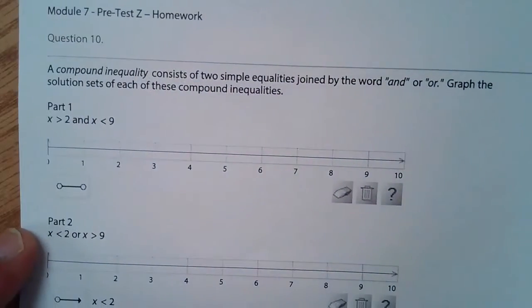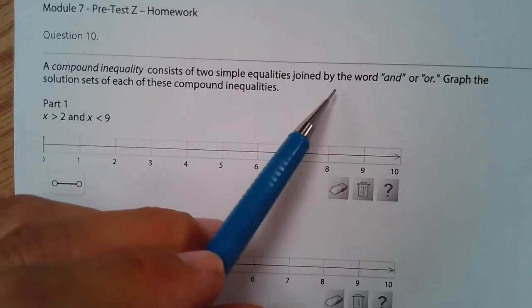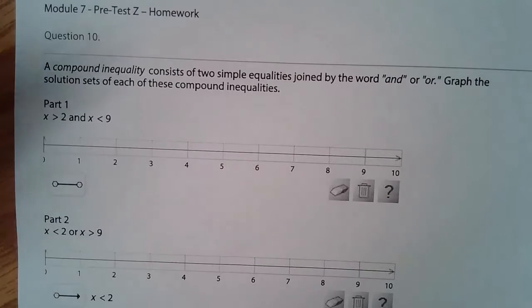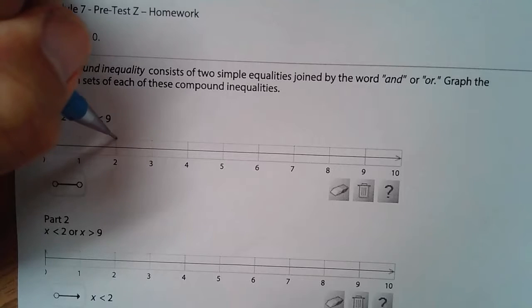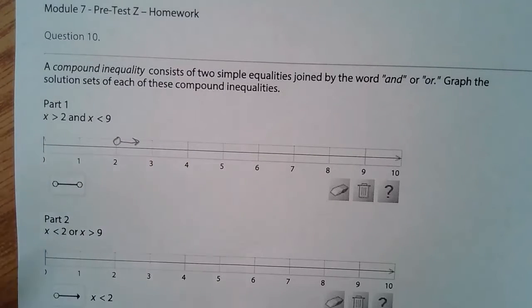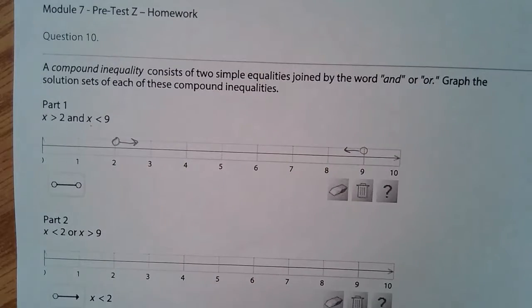And finally, number 10. A compound inequality consists of 2 simple inequalities joined by the word and or or. Graph the solutions. We're going to graph x is greater than 2, which goes that way, and x is less than 9, which goes this way.